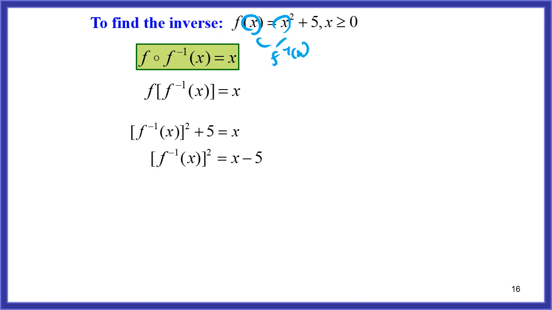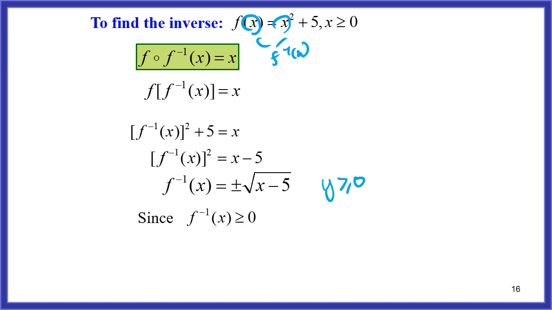And then to eliminate the square, we put the square root on both sides. So we have plus minus the square root of x minus 5. But since x should be more than or equal to 0 for fx, for f inverse it means that the y should be more than or equal to 0. Okay? Or f inverse x should be more than or equal to 0.